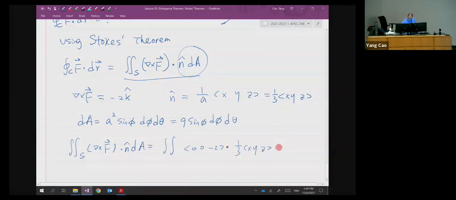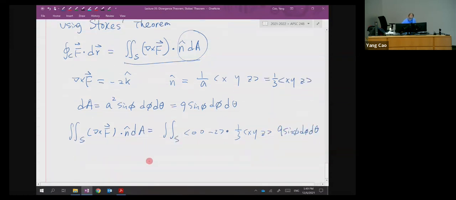And then dA is 9 sine phi d phi d theta. So let's leave the S for now. Calculating the dot product, negative 2/3 times z is the result of the dot product, and 9 times sine phi d phi d theta.